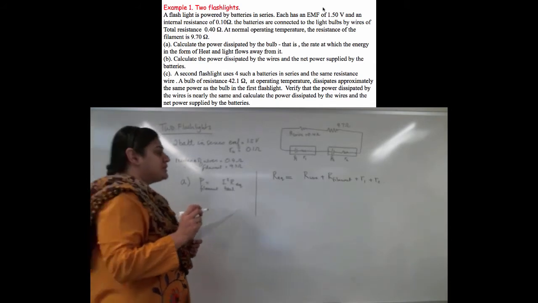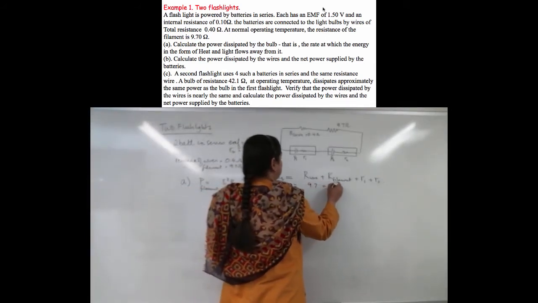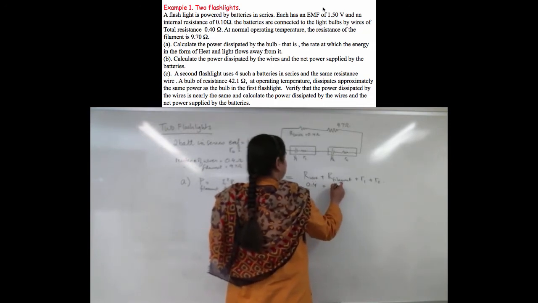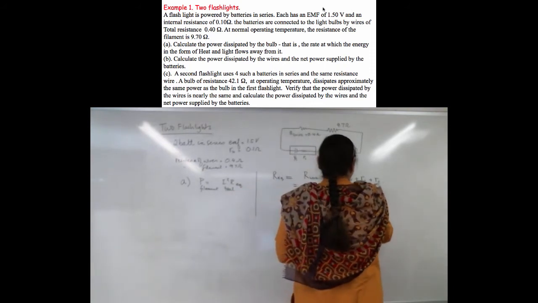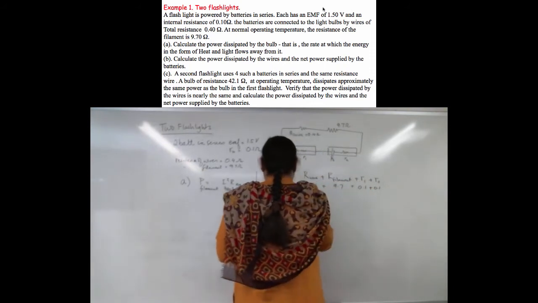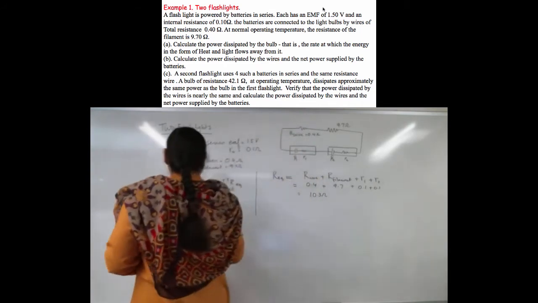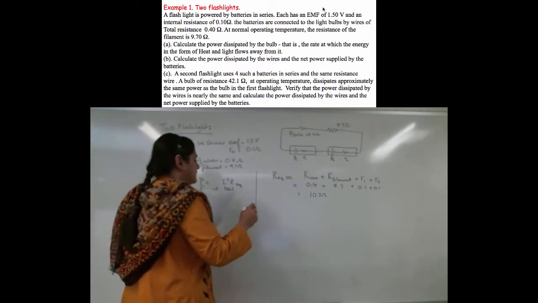In total, if I add all of them up, it'll be 0.4 for the wire plus 9.7 plus internal resistance 0.1 plus 0.1, and I get 10.3 ohms for my R equivalent. Now what about I total?